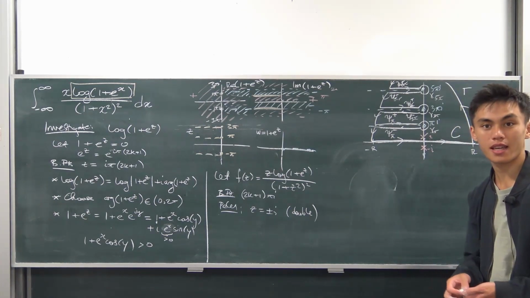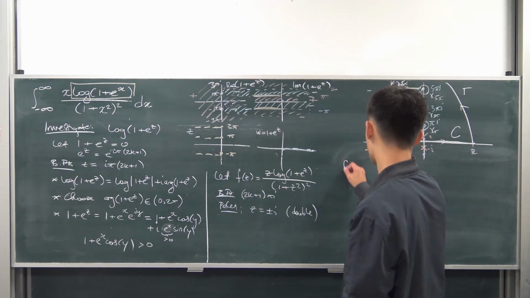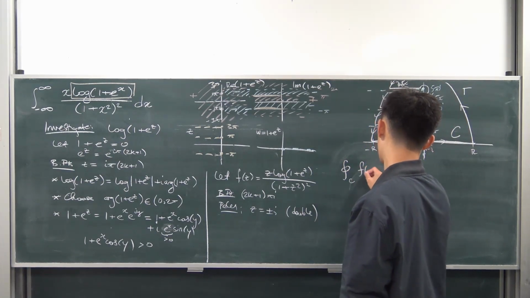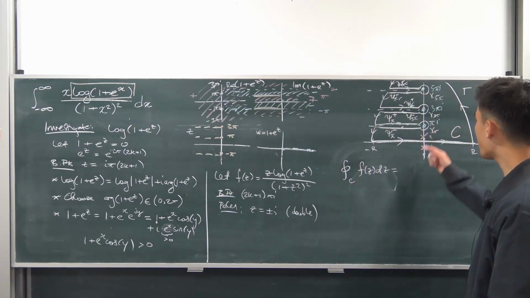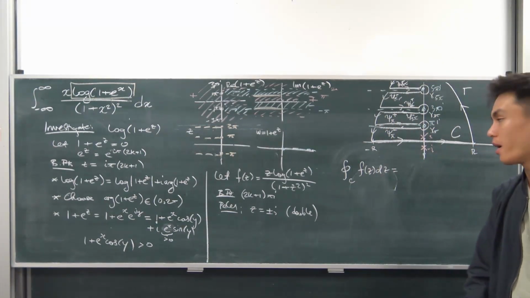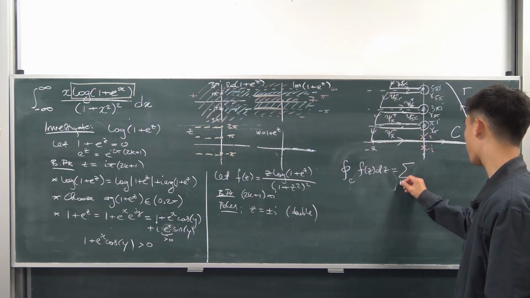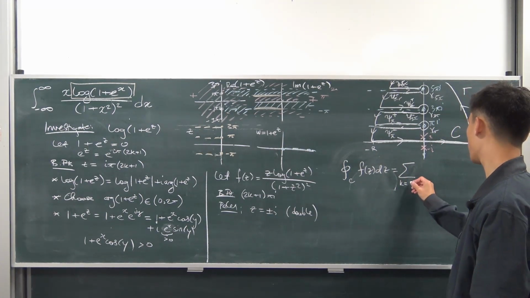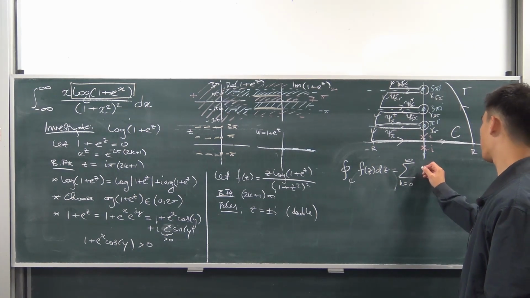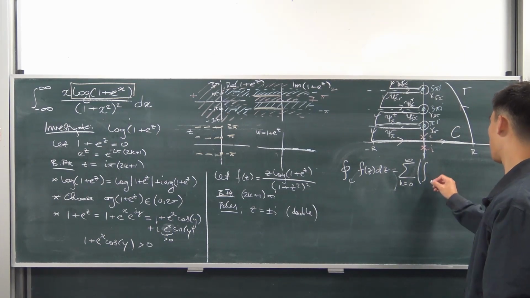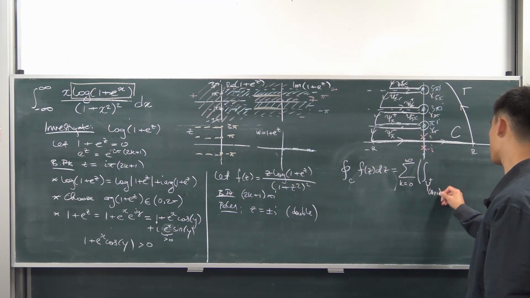So let's write out our integral now. We have the contour integral over C of our function f of z dz. What exactly is this going to be? Well, we need to sum all the paths that go around the branch cuts. So let's do that in one big sum over here. We have the sum running from k equals 0 up to infinity of the integral over psi positive 2k plus 1 times pi.